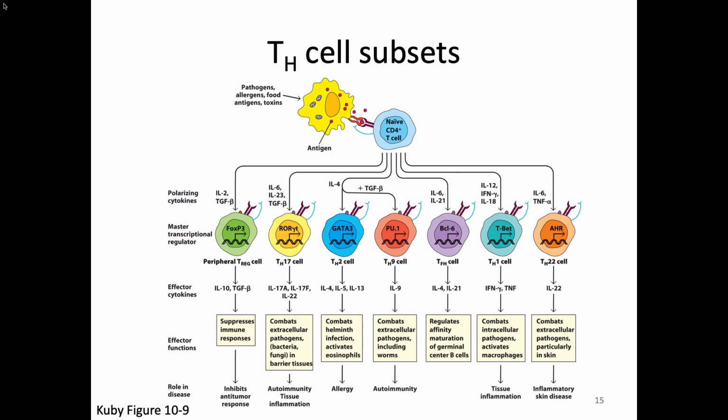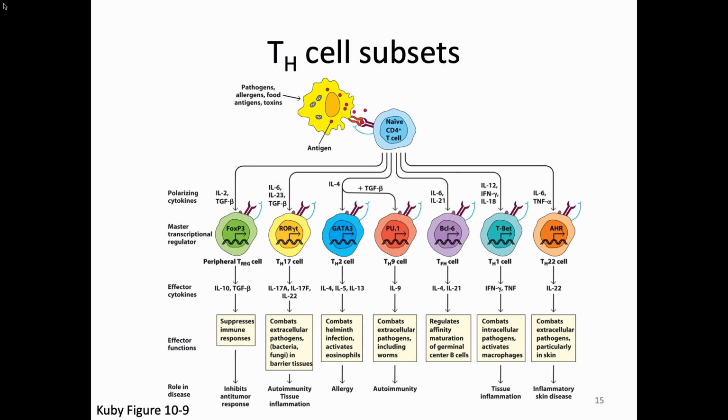That will turn on a particular transcription factor and make that T cell stop being a naive Th0 and start being a T cell of a particular subtype. And one of the things that will do is make a characteristic effector cytokine. Each different one of these cell types is really important for dealing with a different type of microbe, and if it goes wrong, it can be associated with a different type of disease.